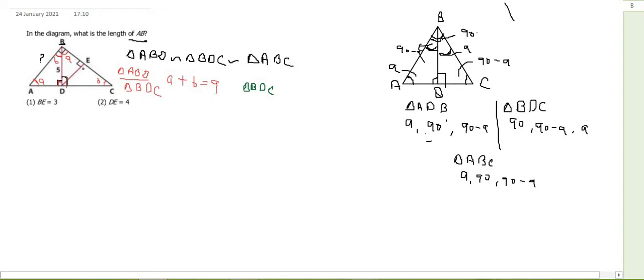Now, when you drop a perpendicular on the hypotenuse of triangle BDC, this is also 90. So again, triangle BDE is going to be similar to triangle DEC, and they are again similar to triangle BDC. So all the triangles are similar to each other, you see.